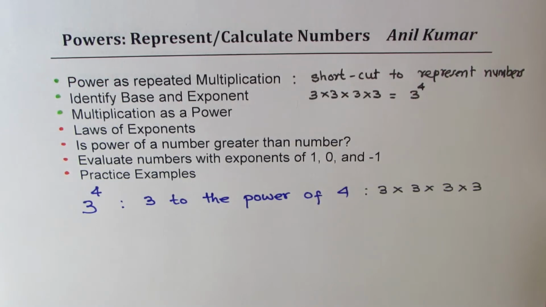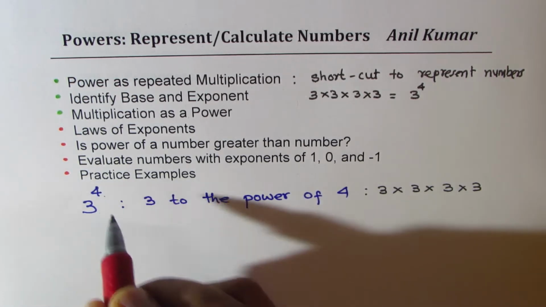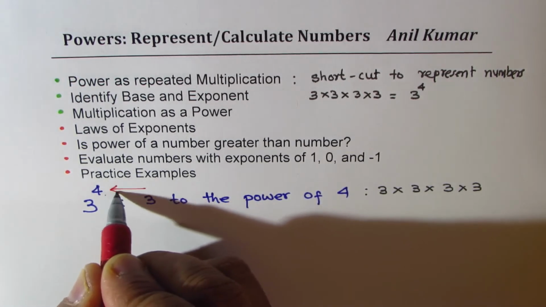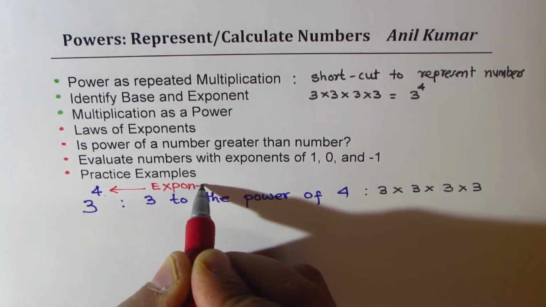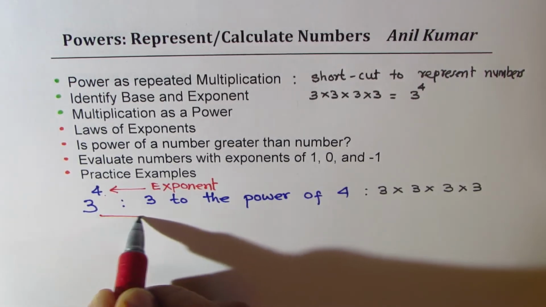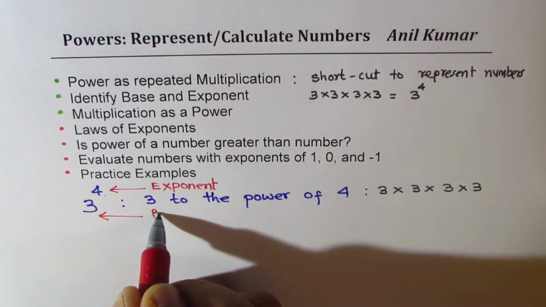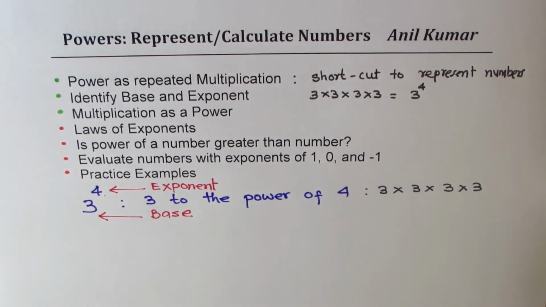Now this is so common that we always use them, so we have different names. We call the number on the top the exponent, and the number here the base.